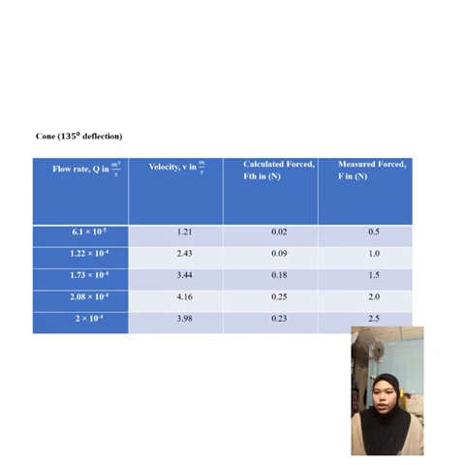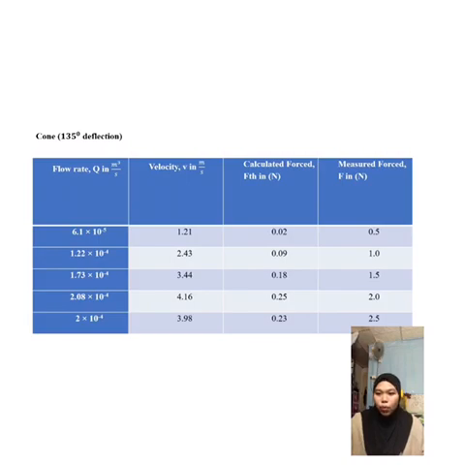So the cone, 135-degree deflection, also has flow rate and measured force in the data. Velocity we need to calculate, and we also know the formula is Q per A. The calculated force for the cone is rho Q V in bracket 1 plus cos squared theta.